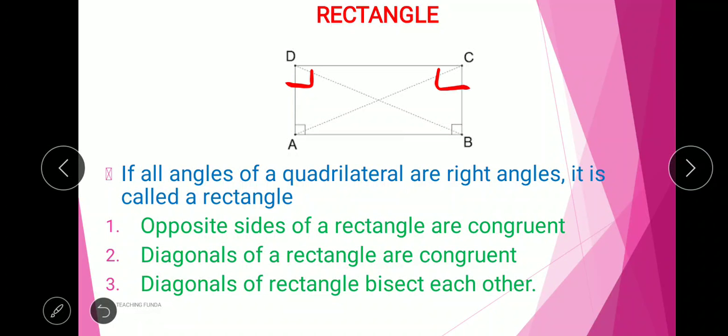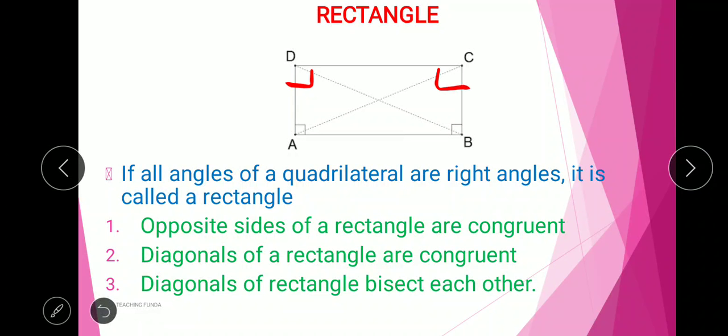Suppose a quadrilateral is given to you, then how would you understand whether it is a rectangle, square or rhombus, or any other one? So for a rectangle you have to see whether all the angles are right angles or not. If the quadrilateral's angles are right angles, then that particular figure is a rectangle.